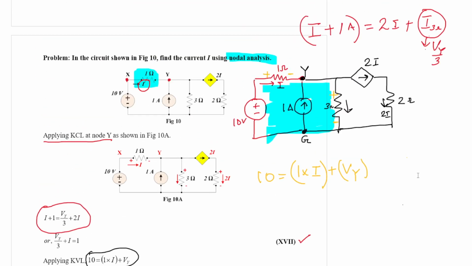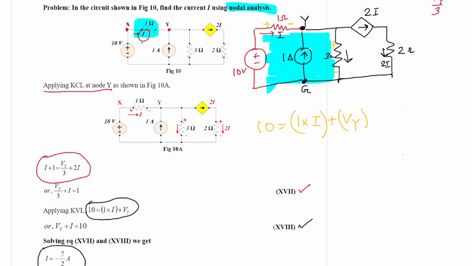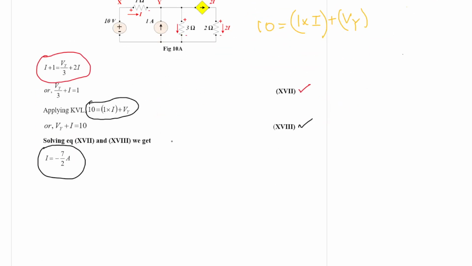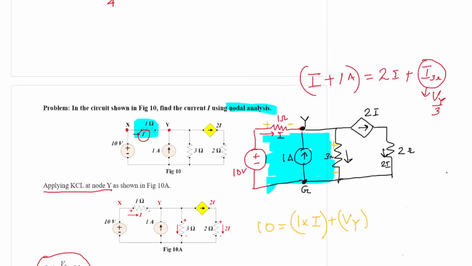This current we have assumed is flowing from left to right, but actually it is flowing from Y to X. So you must mention that the direction of the current I is from Y to X. Its magnitude is 7 by 2 ampere.